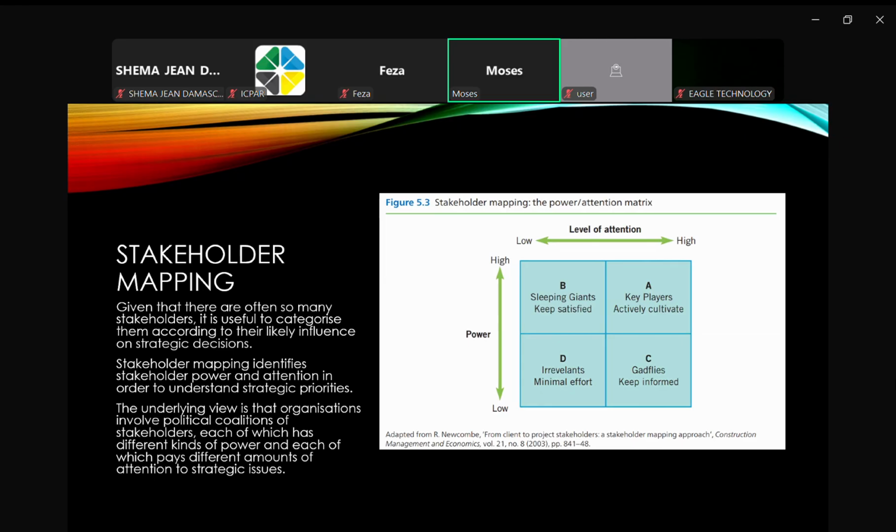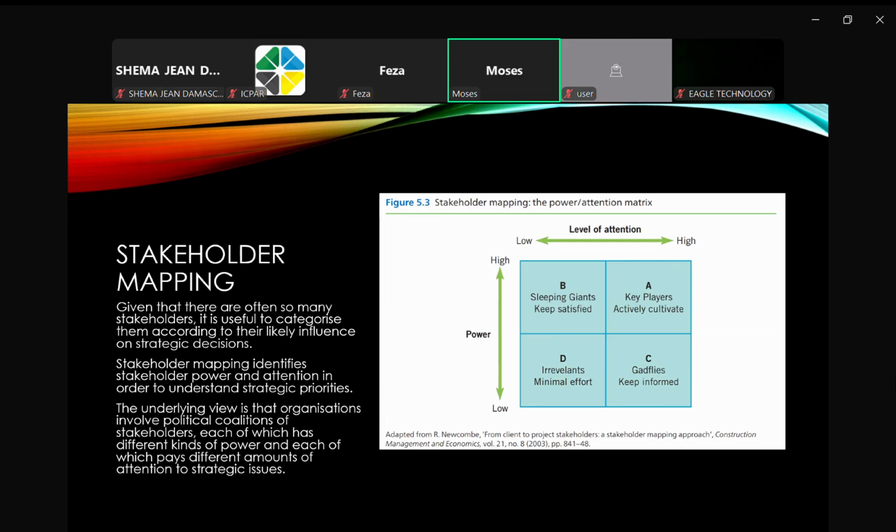Stakeholder mapping is a framework that helps companies and of course managers to understand those stakeholders, but also have a solid understanding of their power and attention. So the dynamic between power and attention. Power can also be known as influence.